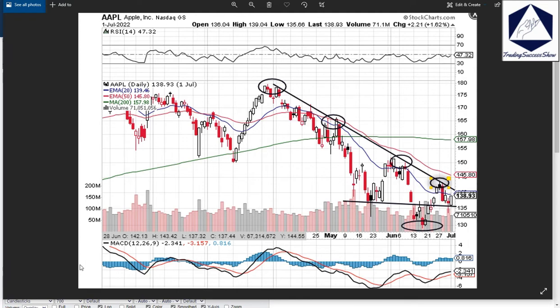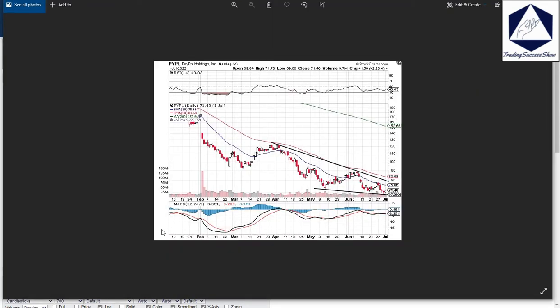So when you look at this chart, now you know that we have an inverse head and shoulder pattern forming as well around this area. So my support is going to be 135, which is holding right now, right, with our resistance around this 20 exponential moving average before we proceed into that downtrend. So keep an eye out on Apple. I think Apple has a way to go.